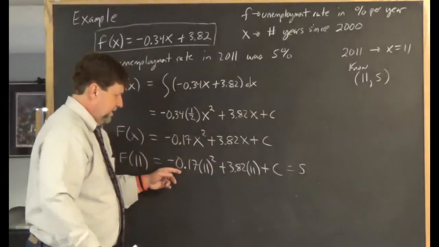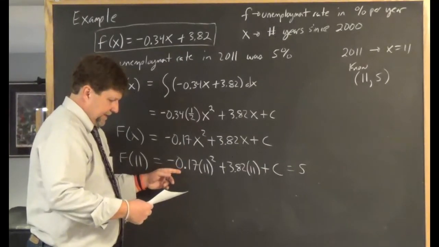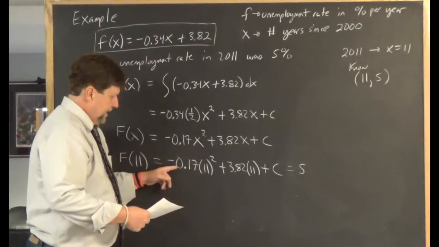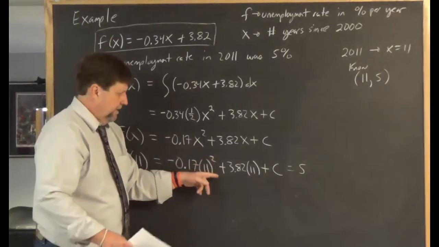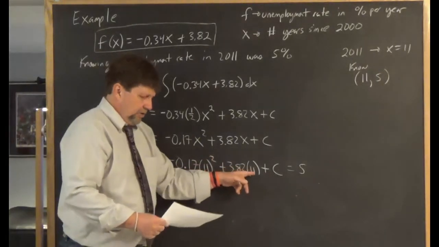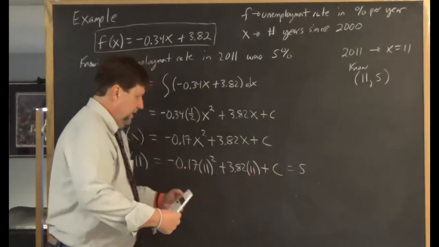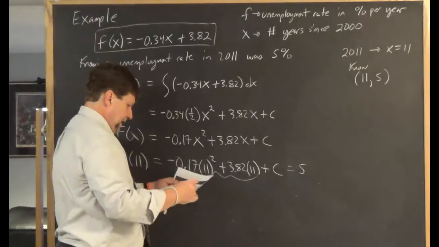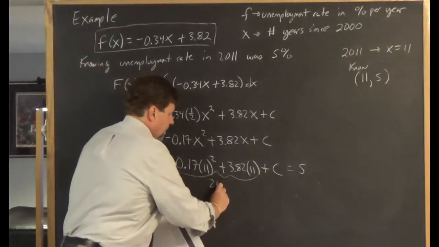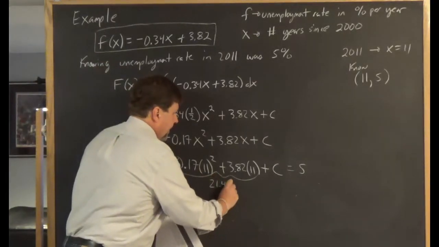Well, when I look at this, let's see what I got. If I take negative 0.17, multiply that by 11 squared, plus 3.82 times 11, that ends up being 21.45.